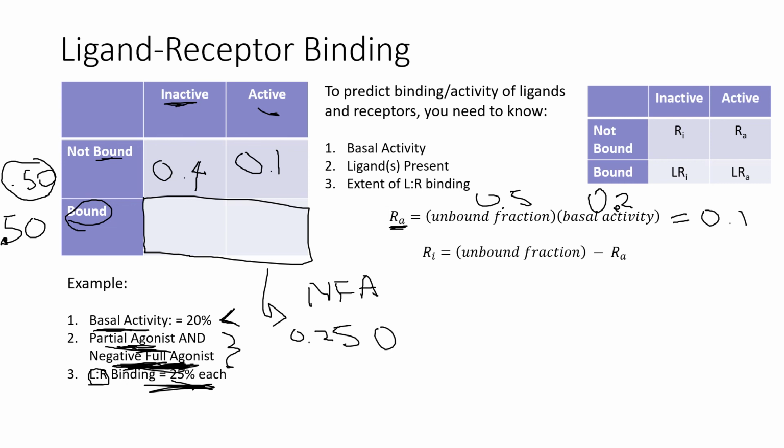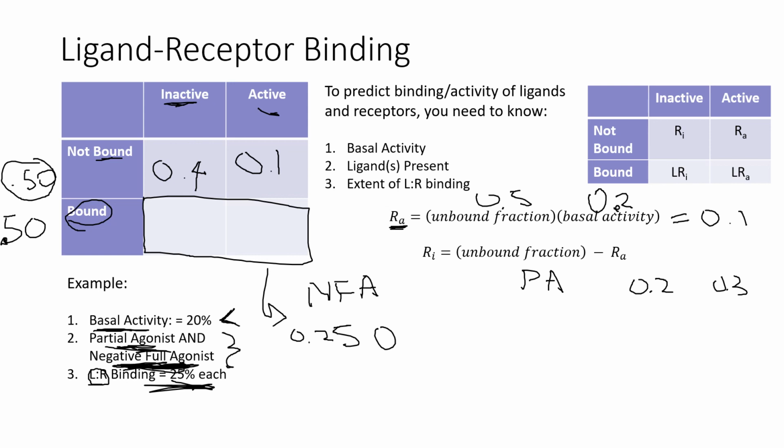And then if we look at the partial agonist, we're going to use the same partial agonist as before, where it was 0.2 and then 0.3. So 2/5 of them will have an inactive state, and then 3/5 of them are going to have an active state.